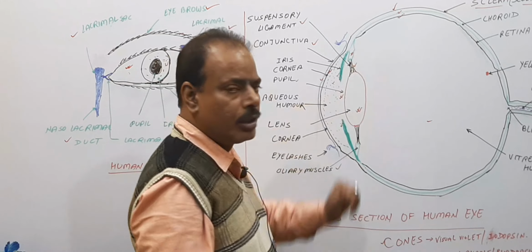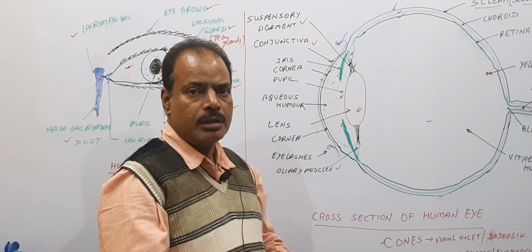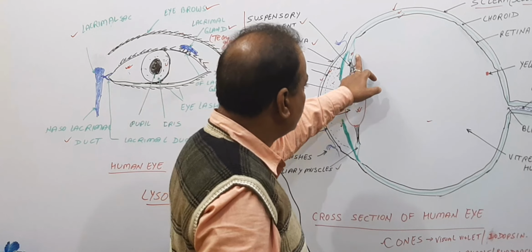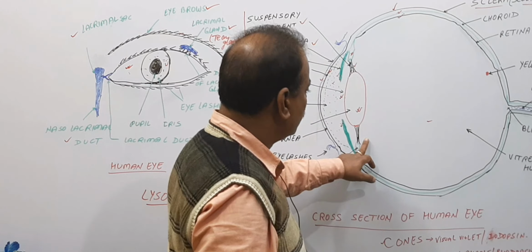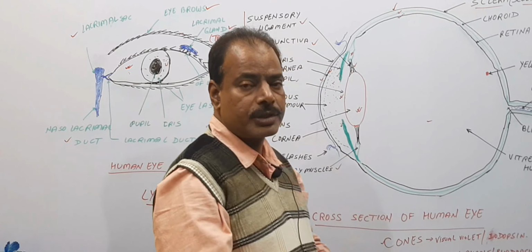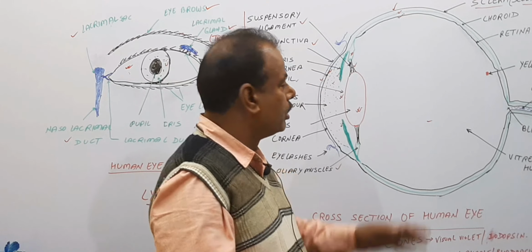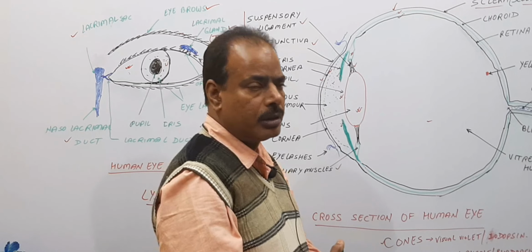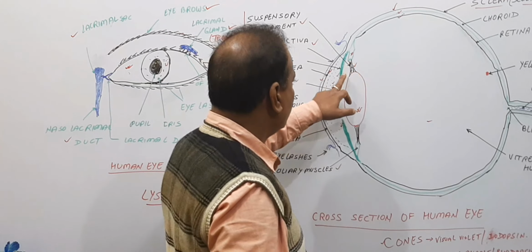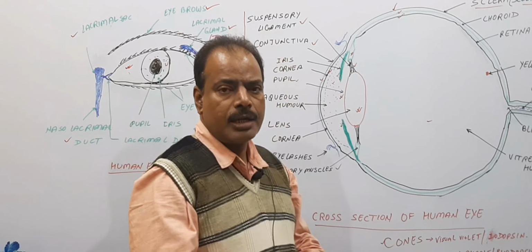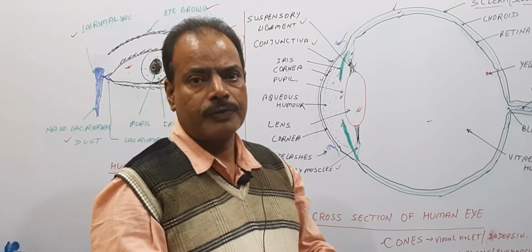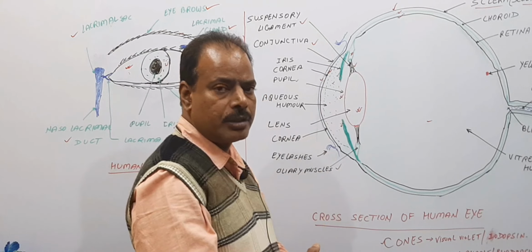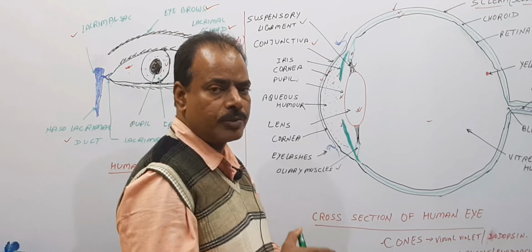The ciliary muscle is part of the choroid, located on either side of the suspensory ligament, and it helps in altering the shape of the lens. The iris is the expanded part of the choroid and it helps in regulating the size of the pupil.